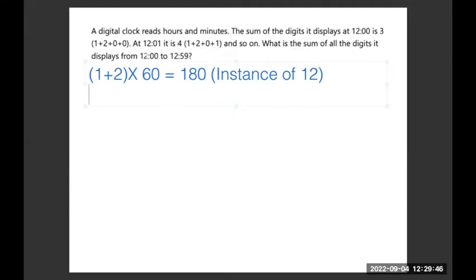So if I look at 12:01 to 12:59, in the tens place we have 1, 2, 3, 4, and 5. Is that correct? Which means the number 1 will be coming in instances like 1, 10 to 19, 21, 31, 41, and 51.